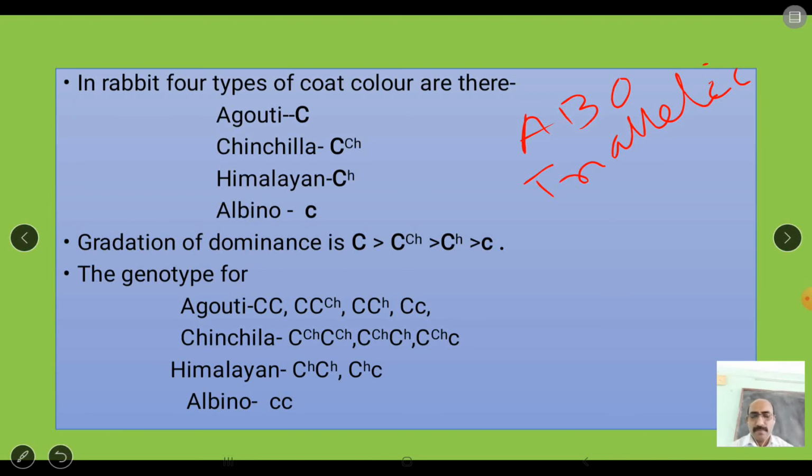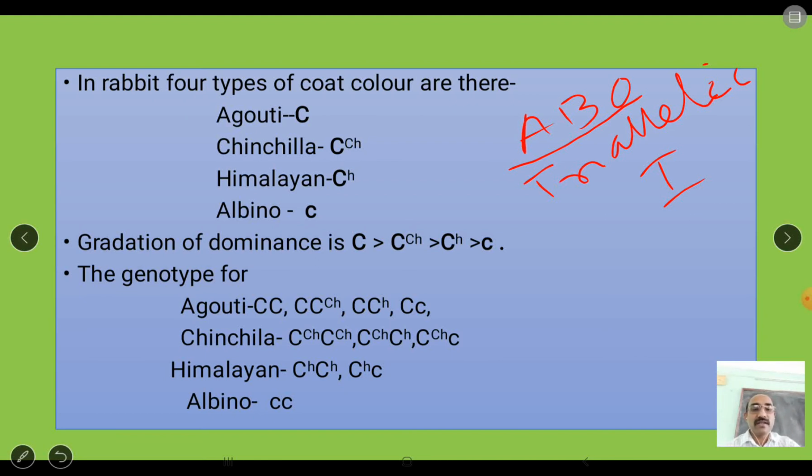Now, the blood group is determined by the type of antigen present on the RBC surface. The gene responsible for ABO blood group is capital I, which we have already learnt in the codominance part, isn't it?